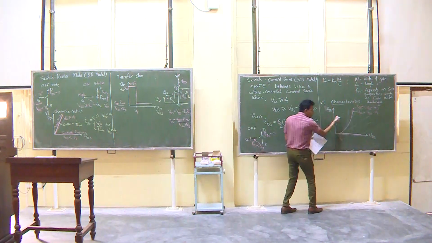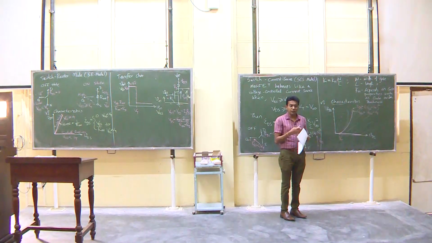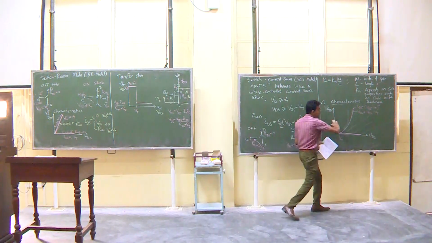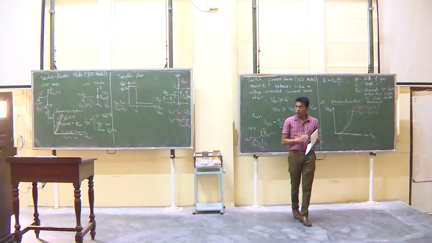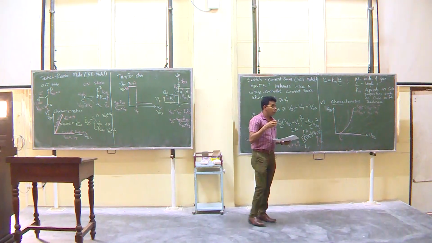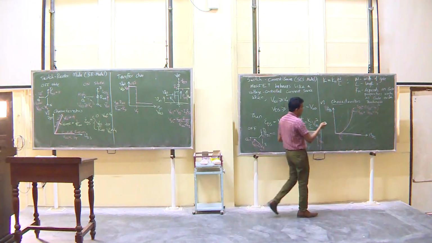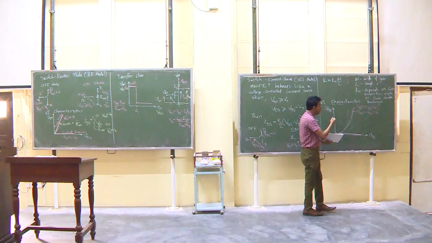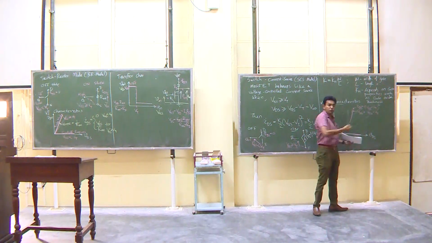If it is this side, VDS is less than that value, so it won't work during that time. For this side it is working. But then what we have is VDS and IDS, but this depends on VGS also.